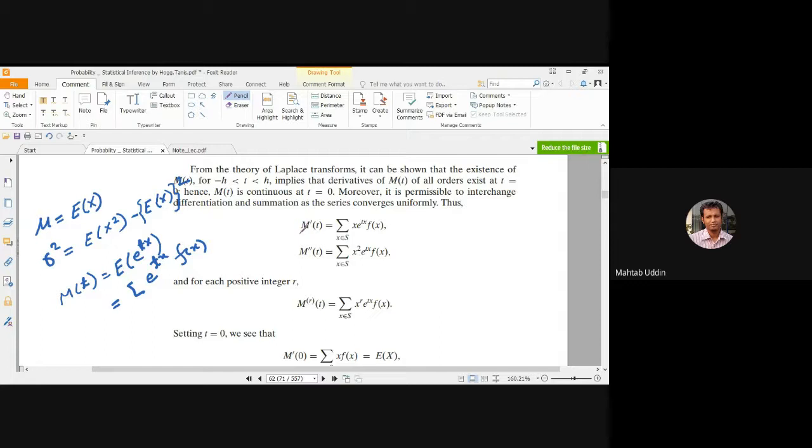Here you can see if we differentiate the moment generating function with respect to t, the coefficient of t is x, right?